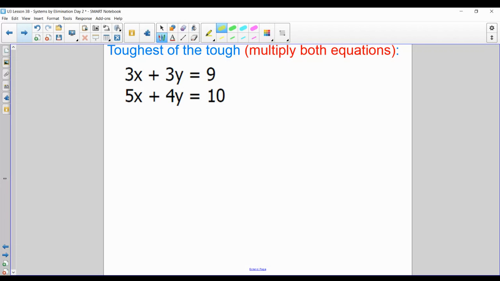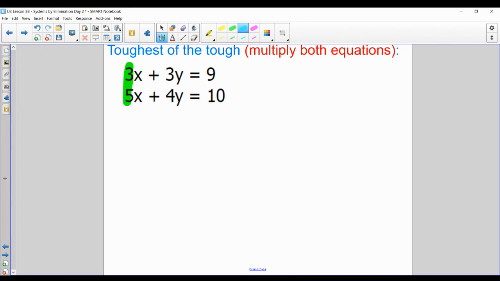The last kind of elimination is we have to create that opposite pair by multiplying both equations. So you look at the x pair and the y pair and say which is going to be easier to get them to match. If I'm looking at the 3 and the 5 with the x's, I see that I could match those at 15.